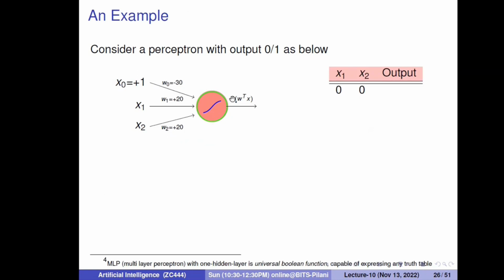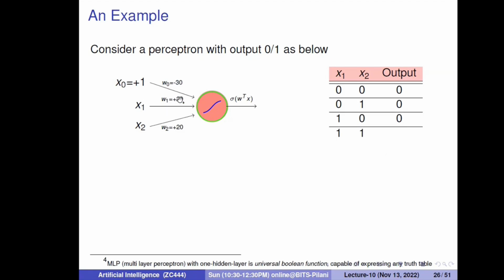Let's assume that the weights are plus 20, plus 20 and minus 30, and x1, x2 are the two inputs. See, both inputs are 0. So what is the output? Minus 30, and x0 is plus 1. So the output should be 0 because it is negative. If the inputs are 0, 1, it is again 0; 1, 0 is again 0.